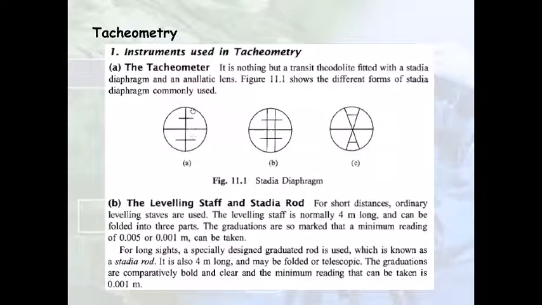When we are to use the same telescope, the same instrument, to take levels, we use the middle hair. When we are to take angles, we again take the middle hair. But when we want to calculate horizontal and vertical distances, that is where these two additional hairs come in. We call this an analytic lens, and these are different forms basically representing the same thing.